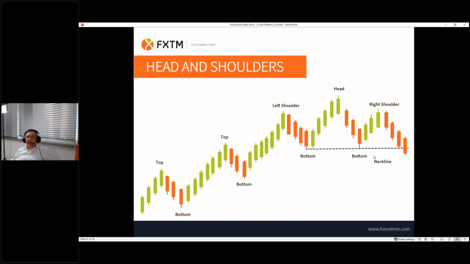And traders will sell here when prices drop below, expecting prices to go lower and lower, and place a protective stop loss at the top, which is called right shoulder. Why place a stop loss? Just in case. Nobody knows what is going to happen next.